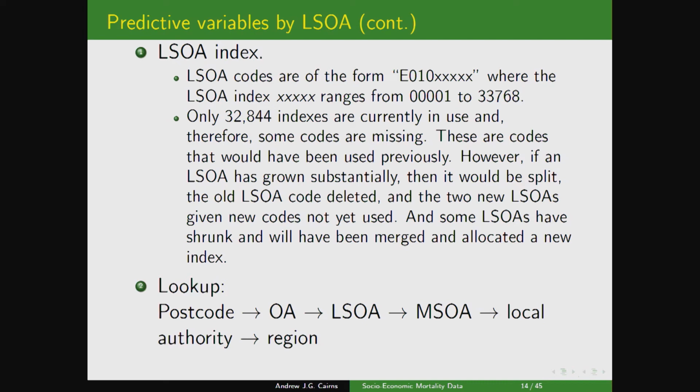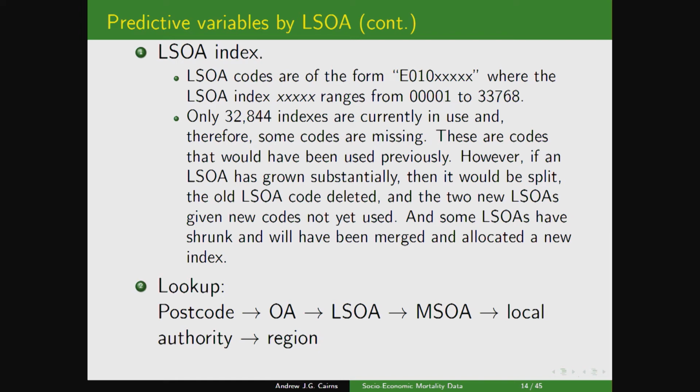So first of all, there are the LSOAs. I don't really need to go into particular detail here, but very briefly, all geographical areas within England, Wales, and Scotland have this type of code.